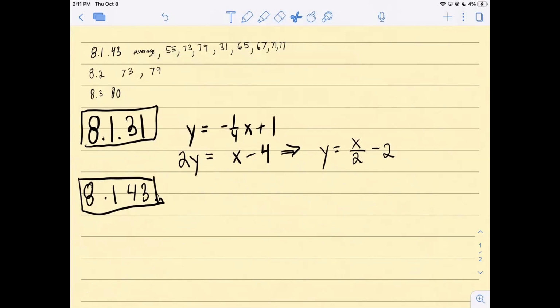So 8.143, it says, in 2012, an average user sent or received 115 emails each day.